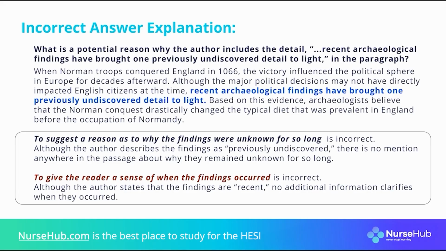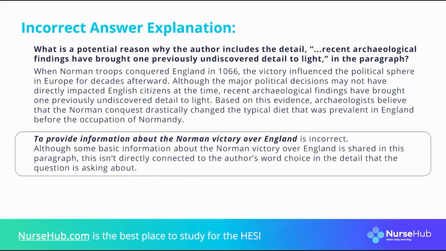Although the author does state that the findings are recent, there's really no additional information that clarifies when they occurred. Here's our last incorrect answer option. To provide information about the Norman victory over England. In this paragraph, there is some really basic information about the Norman victory over England, but it isn't directly connected to the author's word choice in the detail that this question is calling out.